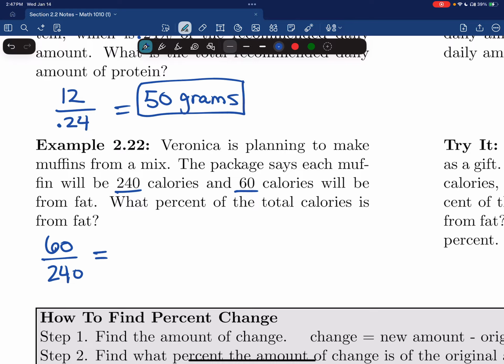And so 60 divided by 240 is 0.25. Converting that into a percentage, because they asked for a percent, that would give me 25%. So 25% of the total calories from the muffin is from fat.